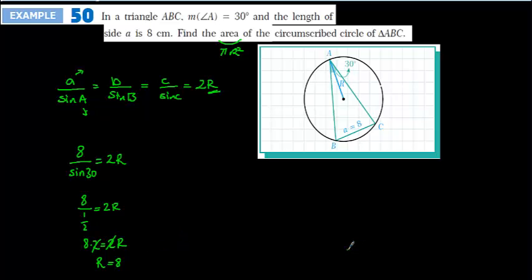It means the radius is 8. If r is equal to 8, the area of the circumscribed circle is pi r squared, that's pi times 8 squared, and the result is 64 pi.